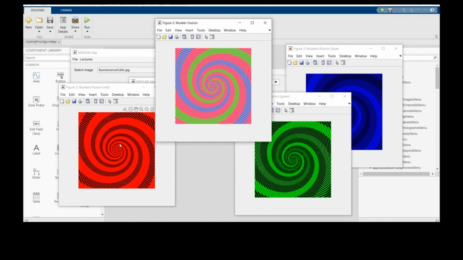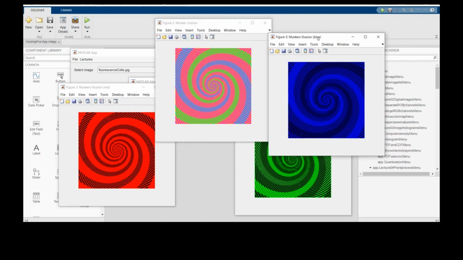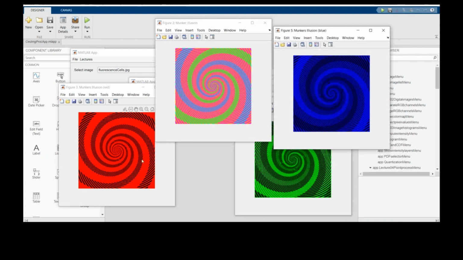Only that because of the surrounding, this surrounding is made in such a way that the lateral inhibition of neurons makes us think that this arm is green and cyan, but no, both are green. You see that here? Both are green.